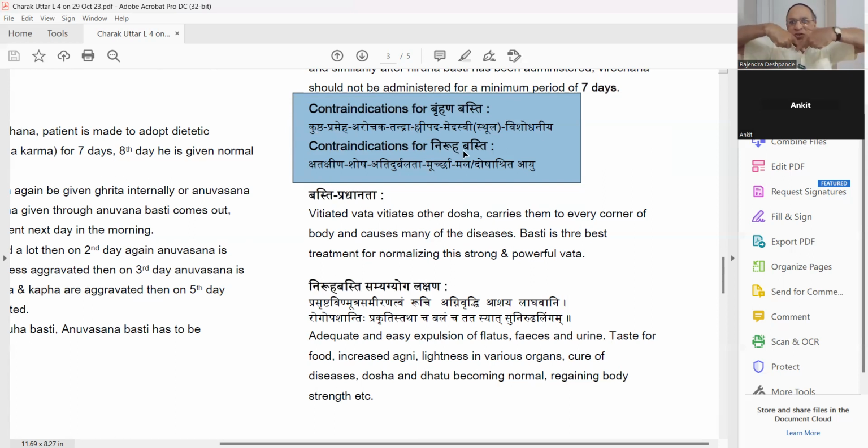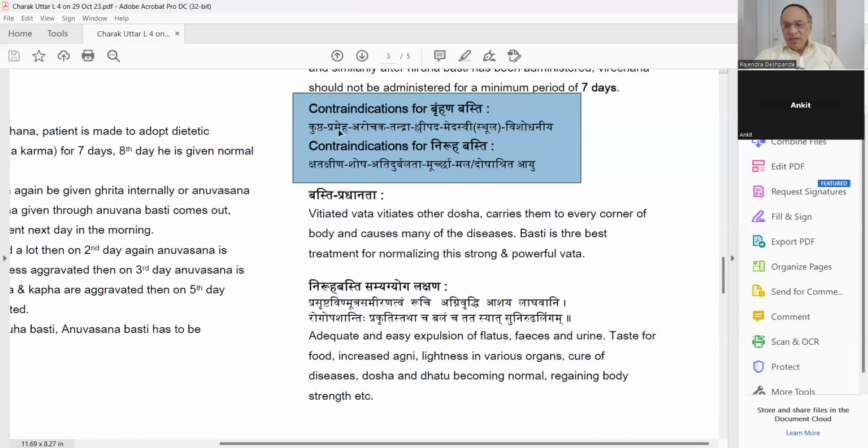So totally opposite. Can you see like this? That's why Bruhan Basti contraindications are the indications of Niruha Basti. See my sentence. And contraindications of Niruha Basti are indications of Bruhan Basti. I think very clear idea, no problem.